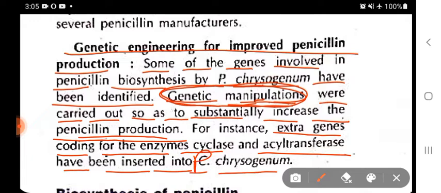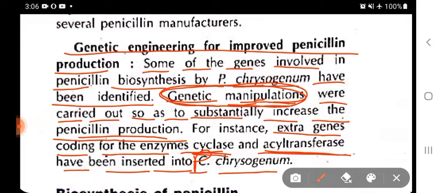Okay, why have extra genes encoding the enzyme cyclase and acyl transferase been introduced? Maybe these enzymes are involved in penicillin production.